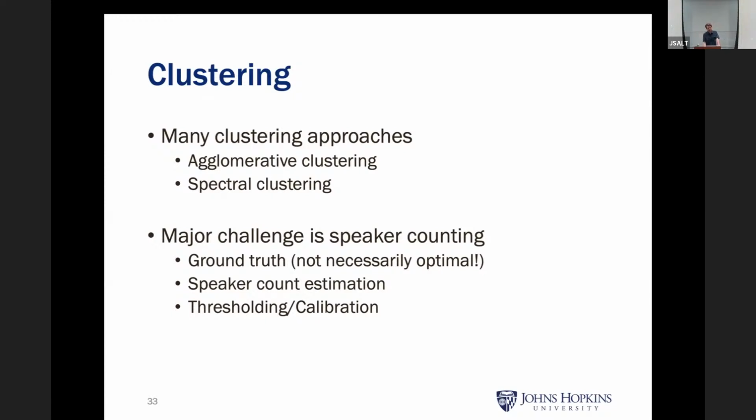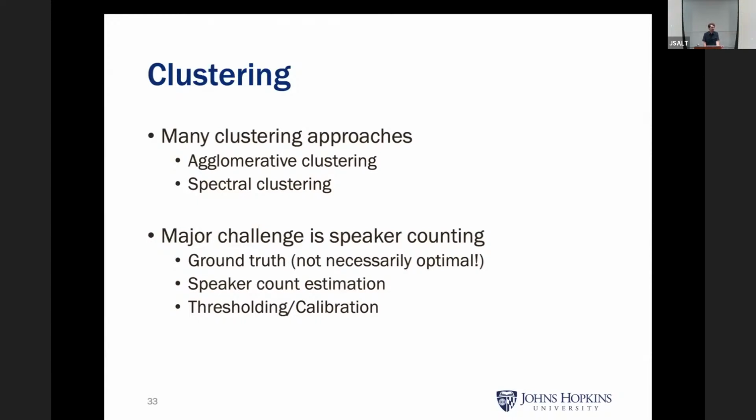For example, one thing people do is assume that they know how many people are in the recording ahead of time. A lot of datasets have a fixed number of speakers in them, and when people are developing systems and publishing numbers, they're assuming that you know that number. And an interesting note is that clustering to the ground truth number of speakers is not necessarily optimal. So that is something to keep in mind.